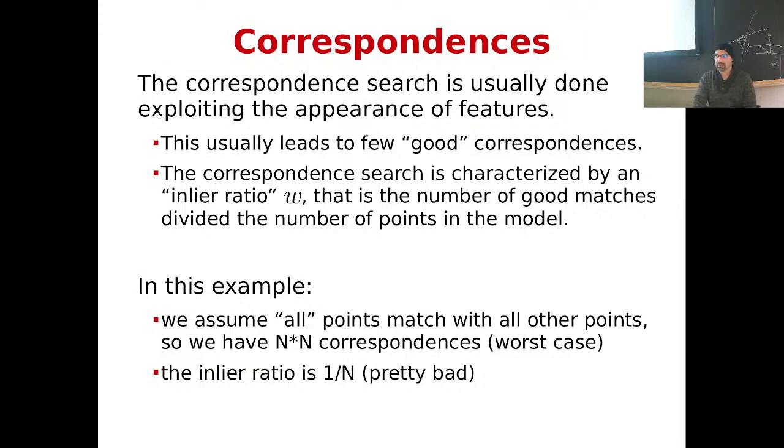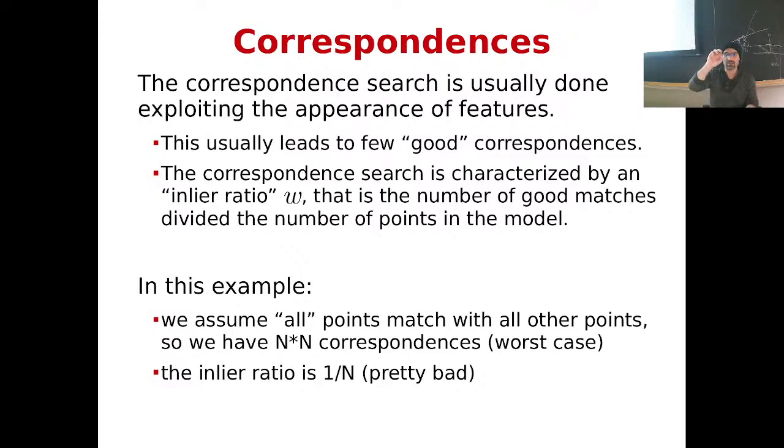Now, in case of ICP, in case of the problem that we have, we don't have much to leverage because we don't consider the appearance. We don't consider anything but the existence of a point. So knowing the correspondences in ICP might be really tricky. Basically your correspondence set is all with all, okay?